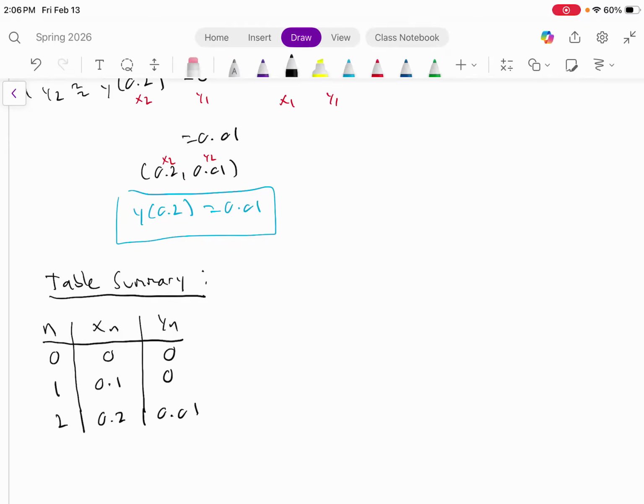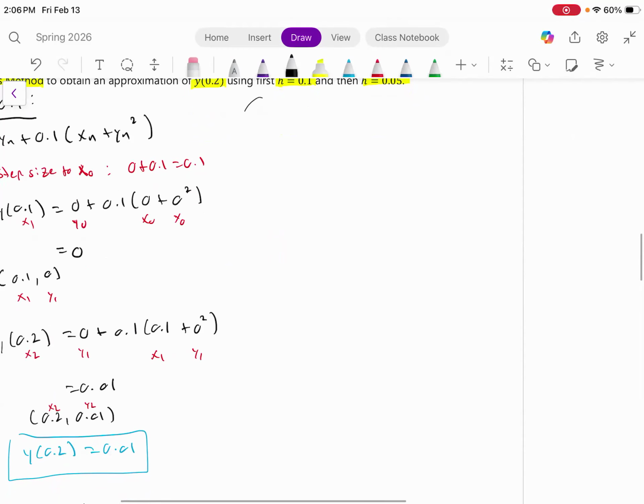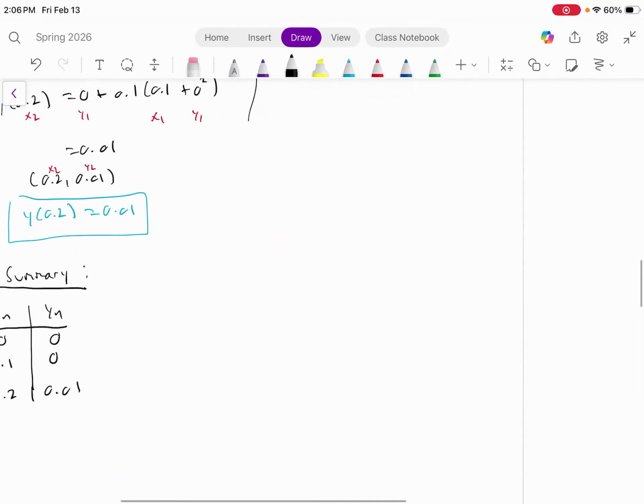0.1 is a very generous step size, but let's go ahead and move on to the step size 0.05, because that one is a bit smaller, and so we're going to need a couple more iterations.